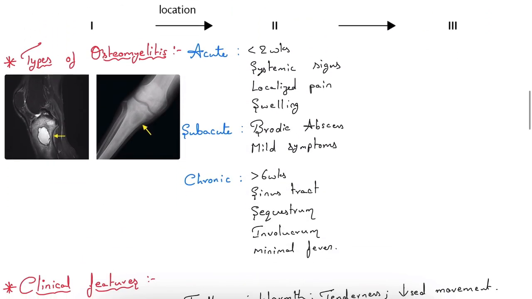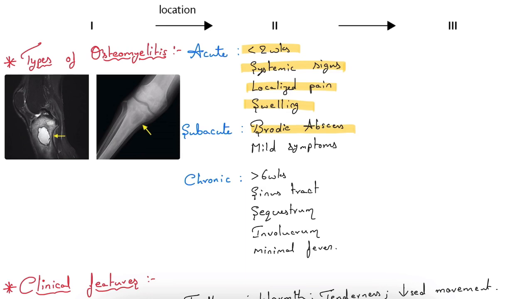Next, types of osteomyelitis. In total we have three types. First one, acute: less than 2 weeks, with systemic signs, localized pain, and some swelling. In subacute osteomyelitis we can see the Brodie abscess. Brodie abscess means in the metaphysis area some pus forms and it causes some space.